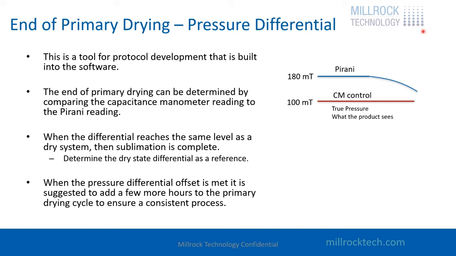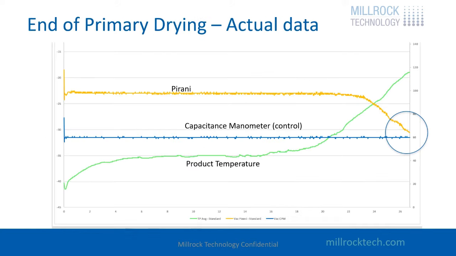Now, you determine that differential for a dry system by measuring the difference between the Pirani and the capacitance manometer in a dry state. And once that reaches the differential, let's say it's 5 millitorr just as an example, then what we suggest is that's the end of primary drying. And you just add a few more hours of hold at the existing pressure and temperature to verify that everything in the system has reached its dry state. And then you can move on to secondary drying.